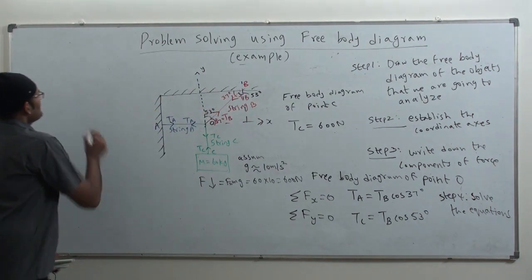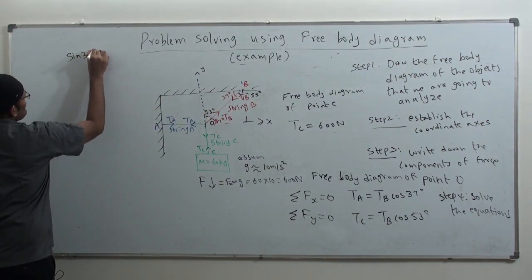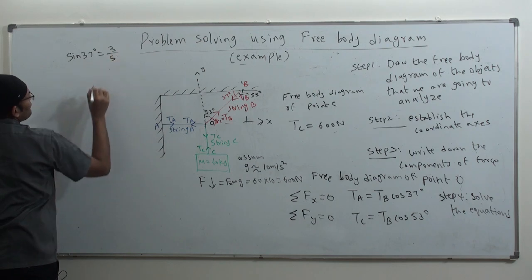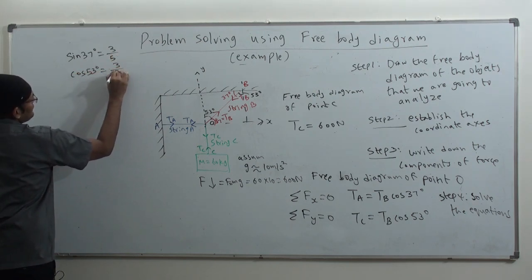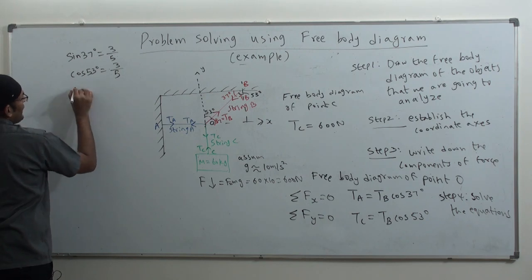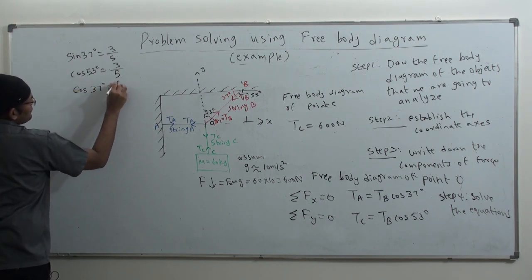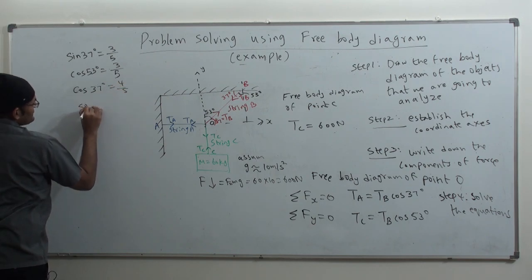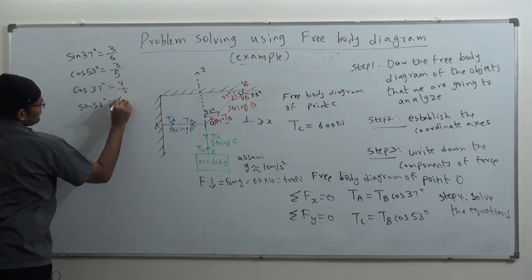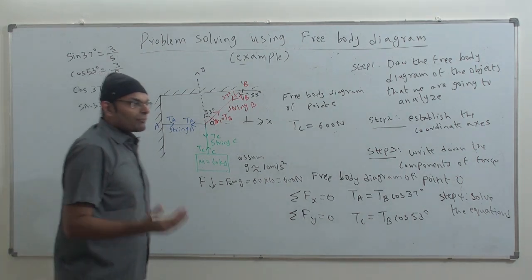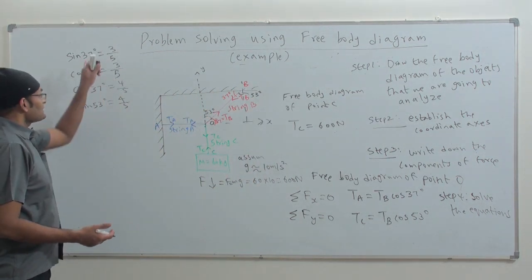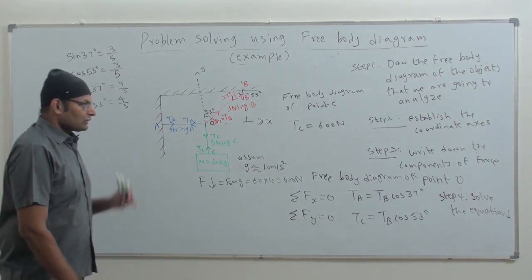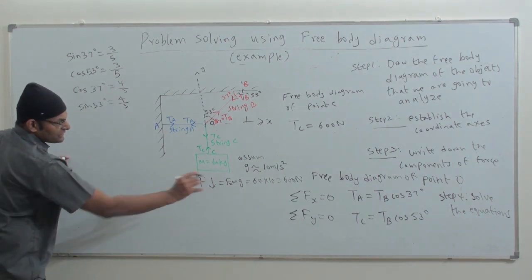Now we know that sin 37 is equal to 3 by 5, and similarly cos 53 degrees is equal to 3 by 5, and cos 37 degrees is equal to 4 by 5, and sin 53 degrees is equal to 4 by 5. I would suggest you remember this because we will be using these, 37 and 53, even in the examination. You get these angles because it's very easy for us to solve the problem. So let's substitute into these equations.